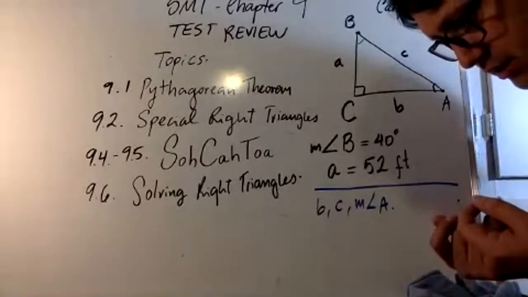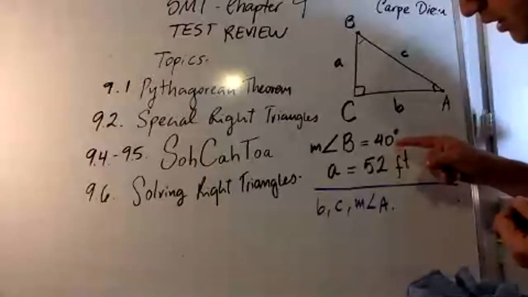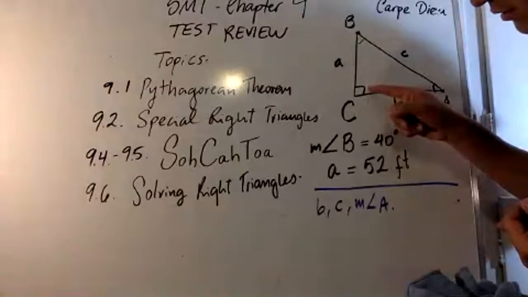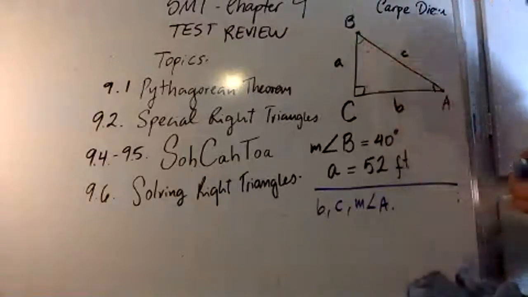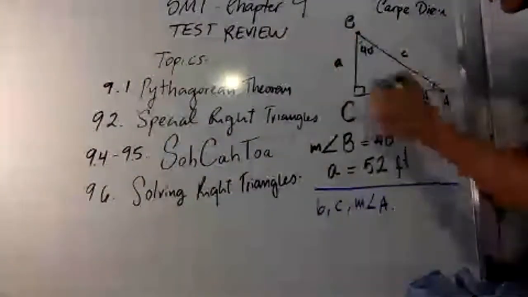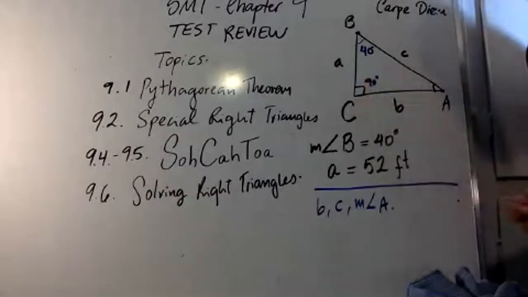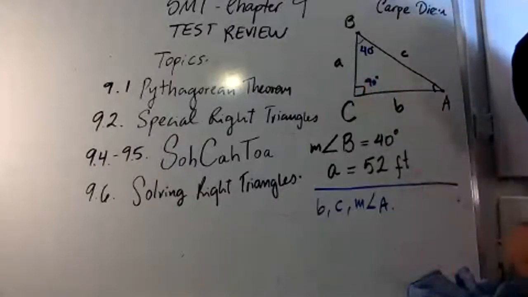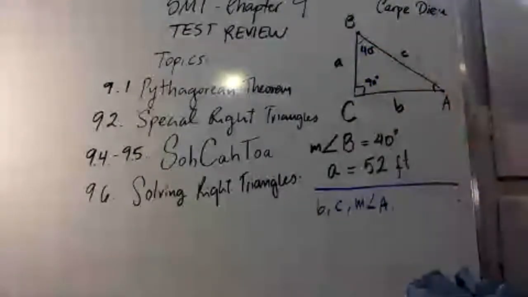Think about it. You already have the measure of one of the acute angles, and you know that this is a right triangle. So now you have information about these two. So you're writing, okay, well, here I have a 40, and here I have a 90, and I know that the sum of the interior angles of the triangle is 180, so 90 and 40 is 130, so this is going to be 50.